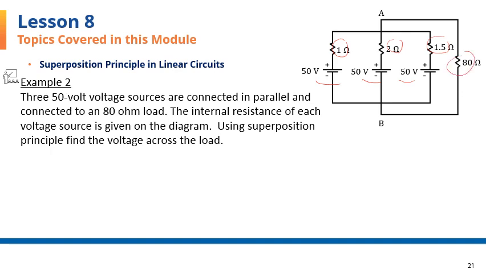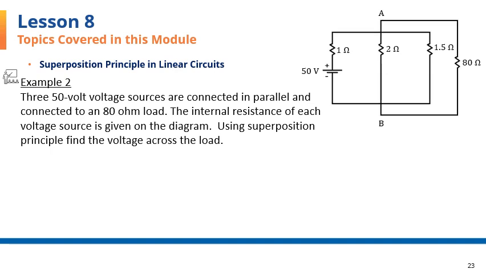We're asked to find the load voltage using the superposition principle. In other words, we are looking for V sub AB in this circuit. I'll keep the sources active one at a time and calculate the load voltage for each. Once we have calculated them for all 3 sources individually, we will add them to get the load voltage for the original circuit.